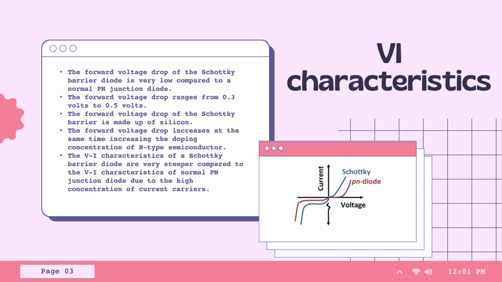The forward voltage drop increases with increasing doping concentration of the N-type semiconductor. The VI characteristics of a Schottky diode are much steeper compared to the VI characteristics of normal PN junction diodes due to the high concentration of the current carriers.